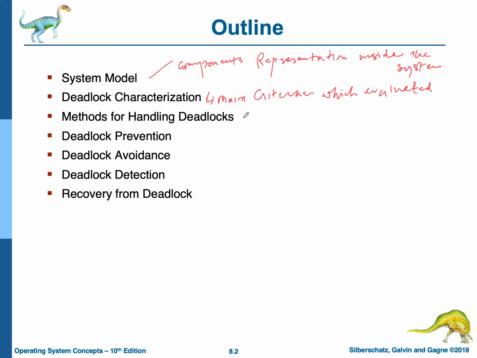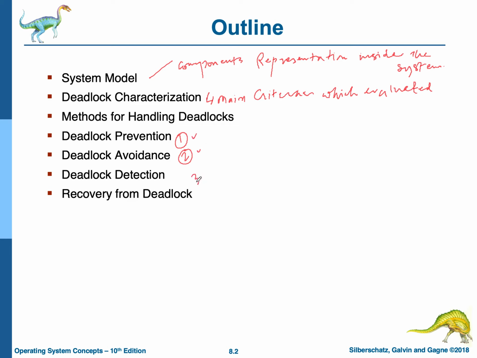And then we will see how many methods there are to deal with the deadlock. The first one is deadlock prevention, that is, how we can prevent a deadlock. The second one is that we shall avoid the deadlock before letting the processes go to the CPU or the system for processing. These two are the main approaches.